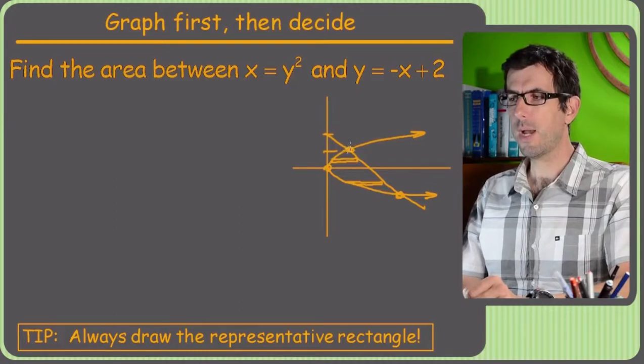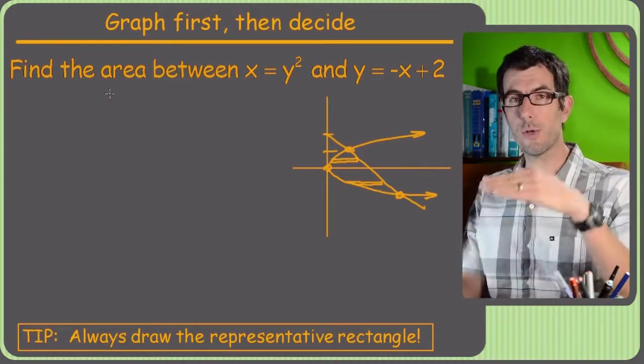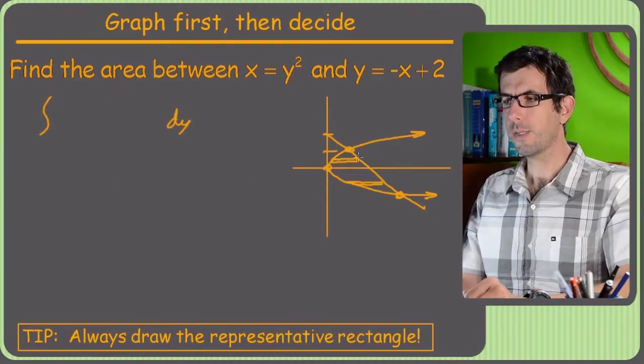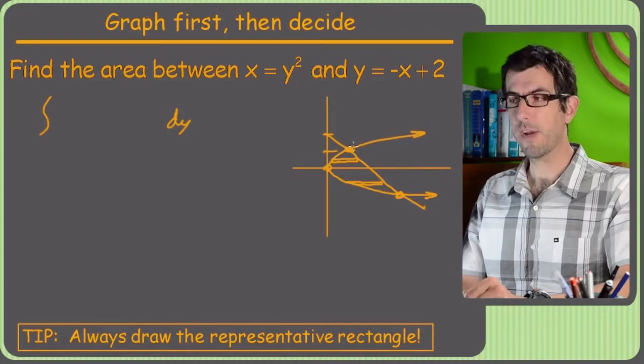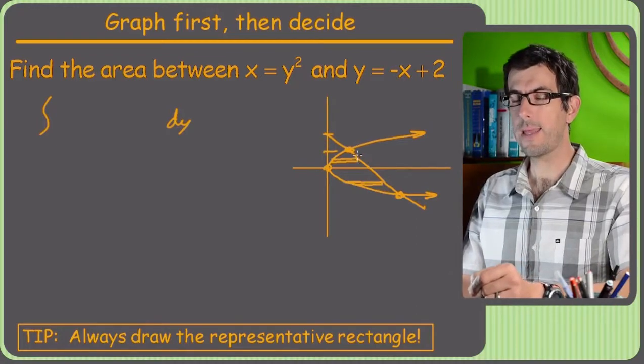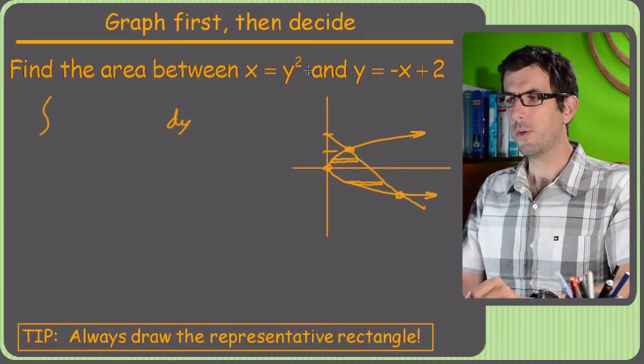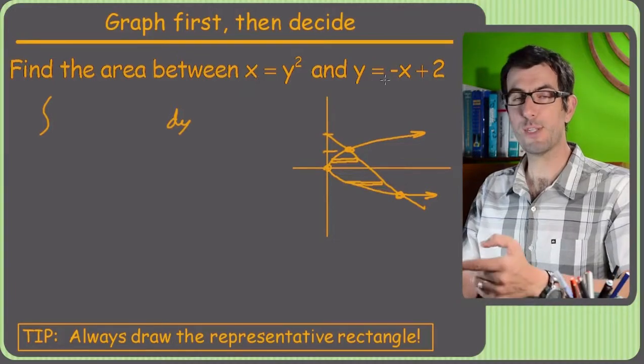All right, so now I've decided I want to do dy, because horizontal bars means dy. So I want to integrate in terms of dy. Now I need to start figuring out some stuff. I need to figure out what the two equations are, and then I need to figure out the limits of integration. The equations are actually pretty simple. For my right-hand one, I've got one function in terms of y, but the other one's in terms of x.